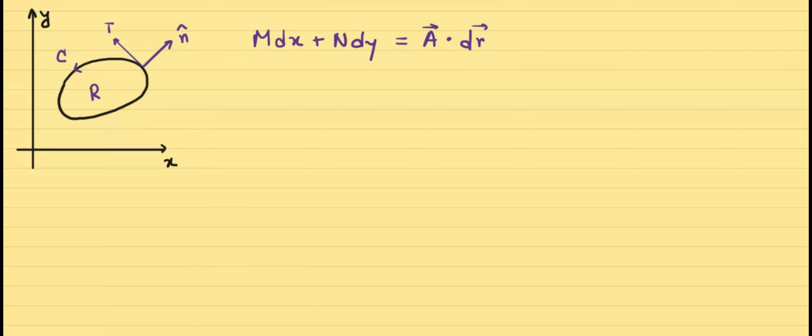And what we can do is in fact take the parameter of the curve C and write down the tangent vector in terms of that. So we're going to write dr divided by ds, where s is the arc length.